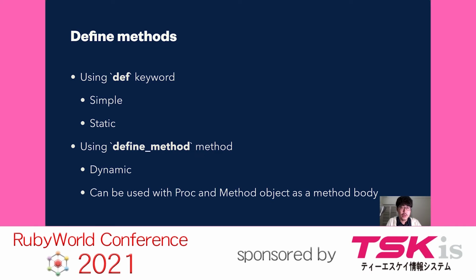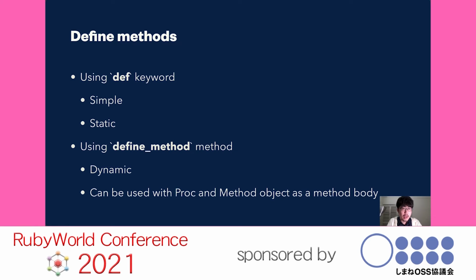Defining a method is something you all know how to do, and you do it day to day. In Ruby, we normally use the keyword def.